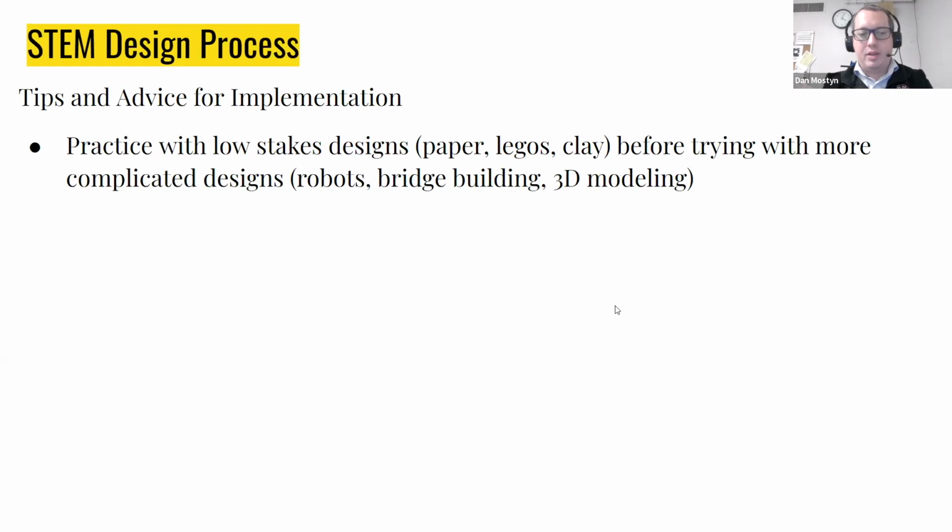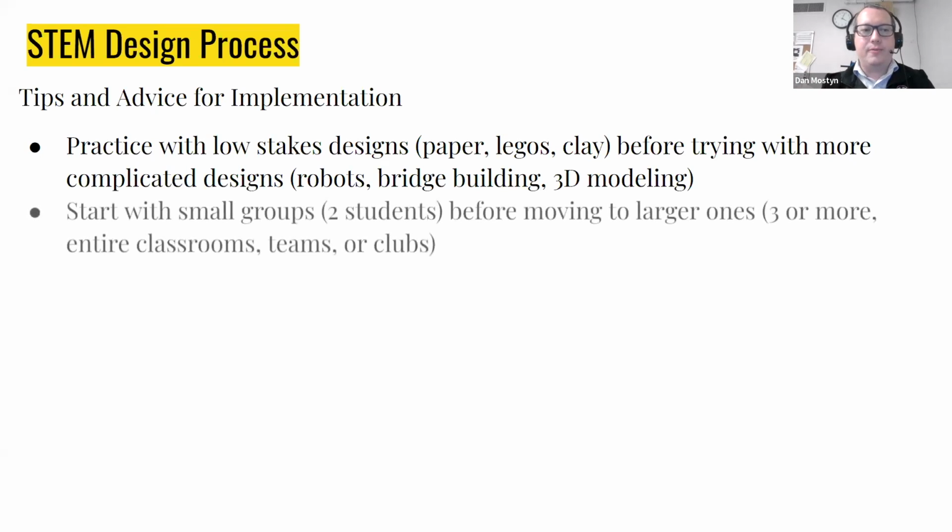Give them challenges for building or making something using low tech, low cost equipment that they can practice this process with before going more complicated. Like maybe if you have a robotics team or you have a bridge building contest, or you do 3D modeling using Onshape or Tinkercad or something like that. Practice with low stakes first.